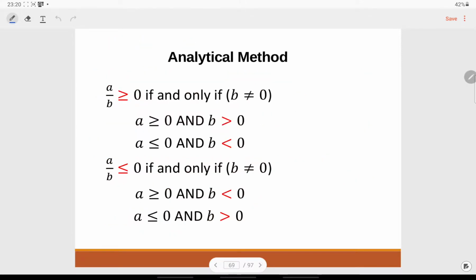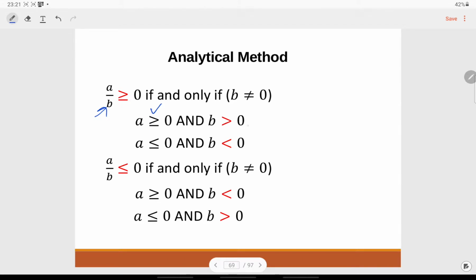If we want to solve the ratio inequalities by the analytical method, we need to consider the following cases. The fraction A over B is greater than or equal to 0 if and only if A is greater than or equal to 0 and B is greater than 0.